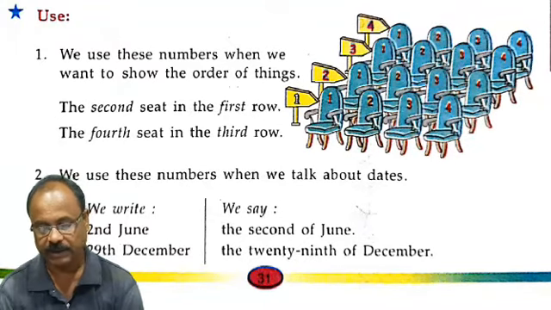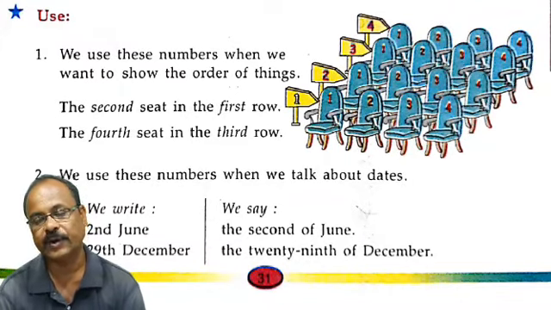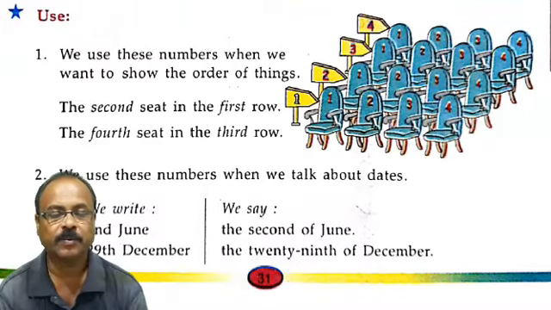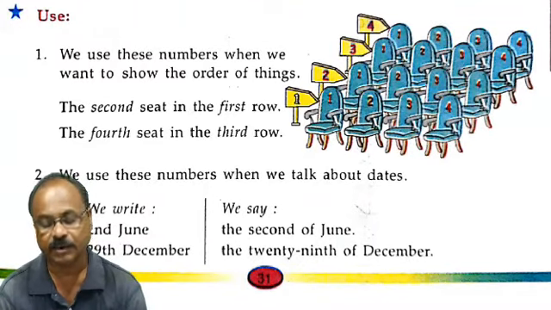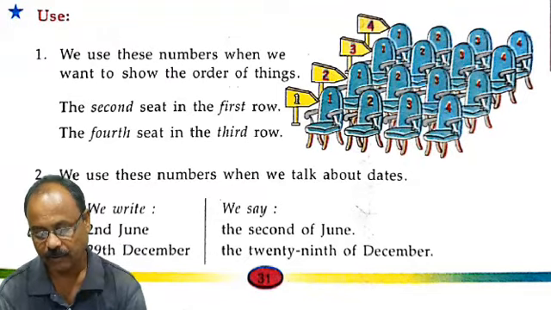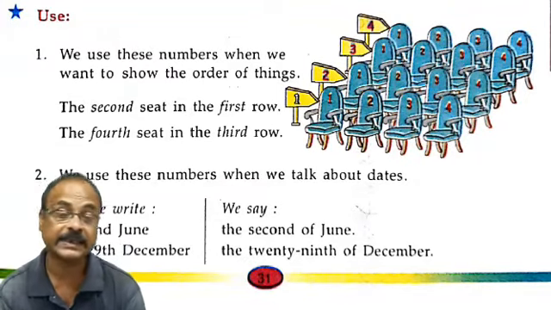We use these numbers when we talk about dates, when we write letters, applications. Suppose 2nd June, we say the 2nd of June.